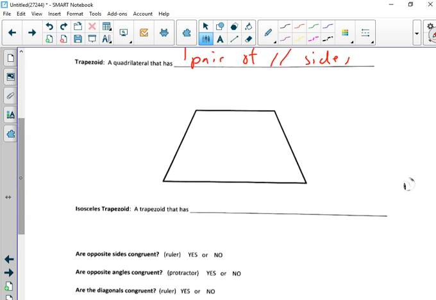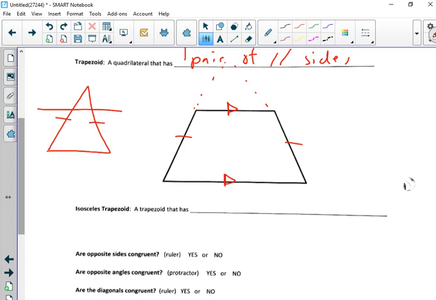And then we have what's called an isosceles trapezoid, which, if you think about an isosceles triangle, has two sides that are equal. Well, we just came through and blocked off the top of it. What do we have? We have an isosceles trapezoid. So these two are congruent, and then these two are parallel.